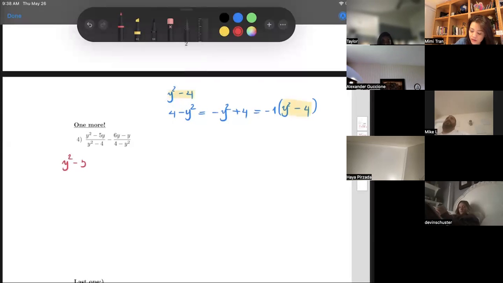Y squared minus 5y, just rewrite this, over y squared minus 4, minus 6y minus, something's wrong. It's not 6y minus y. Let me take a look at my note.